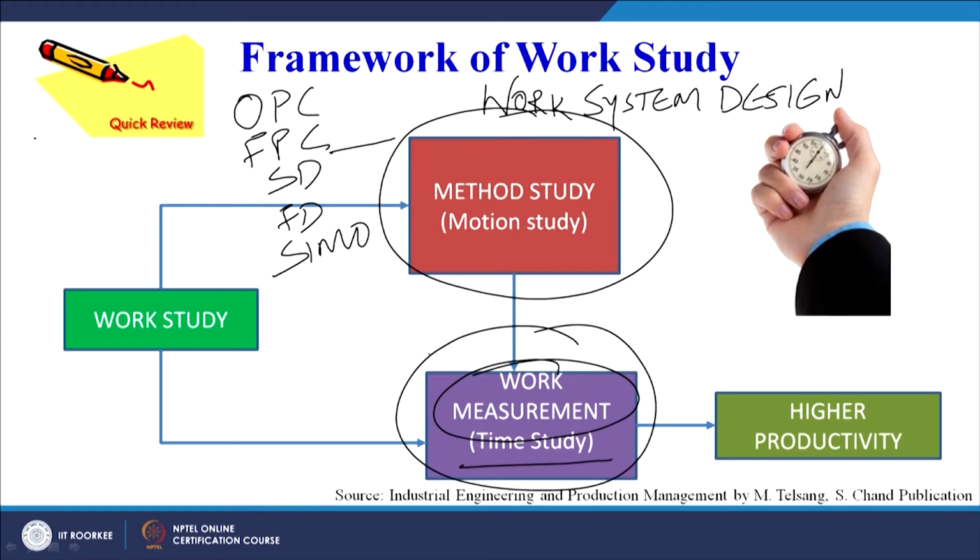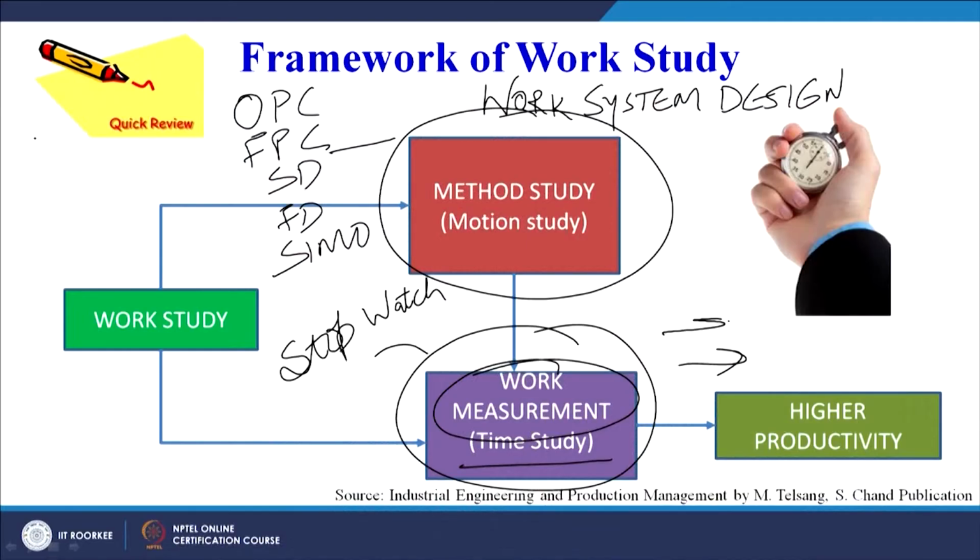In work measurement, we are going to see a stopwatch type of time study, then we will see standard data, and we will see predetermined motion time systems, MTM-1, MTM-2, that is, methods time measurement.